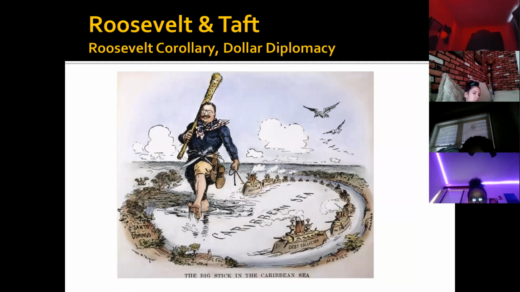Corollary is spelled C-O-R-O-L-L-A-R-Y. The Roosevelt corollary is a policy added to the Monroe Doctrine.